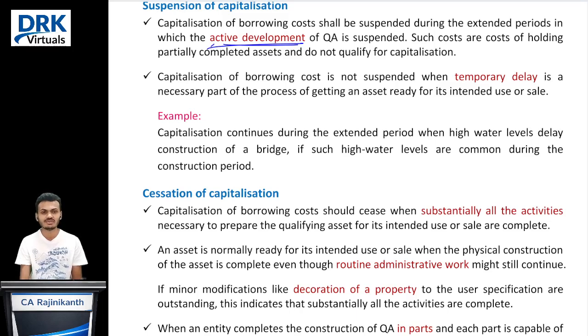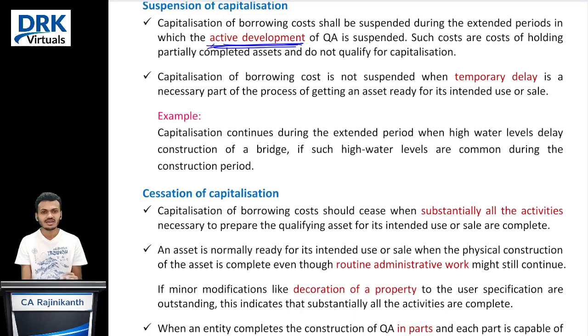for suppose COVID-19 came and the government imposed a 6 month lockdown. In that lockdown period, no worker came for work. Our active development of the qualifying asset is suspended. So during that period, we should also suspend capitalization. It means borrowing costs incurred during that period, we should charge to profit and loss account as an expense instead of capitalizing to the cost of the qualifying asset.